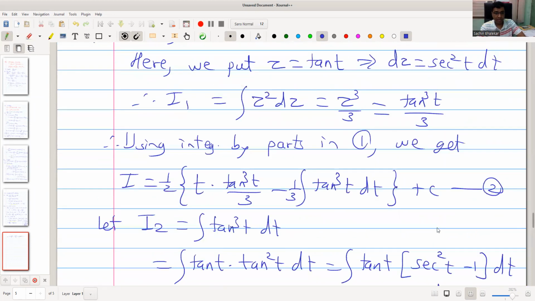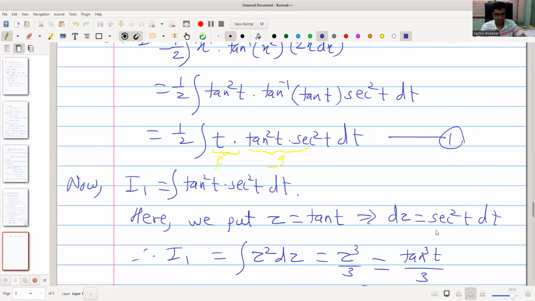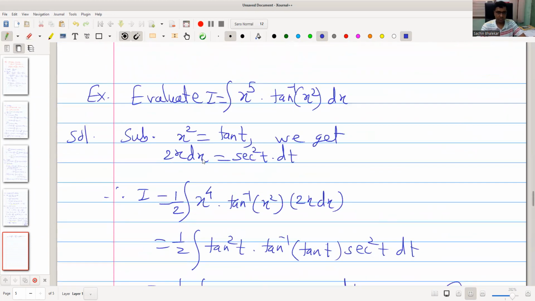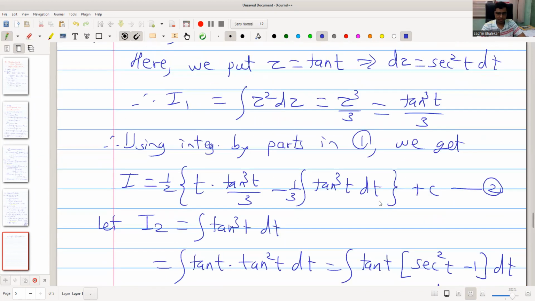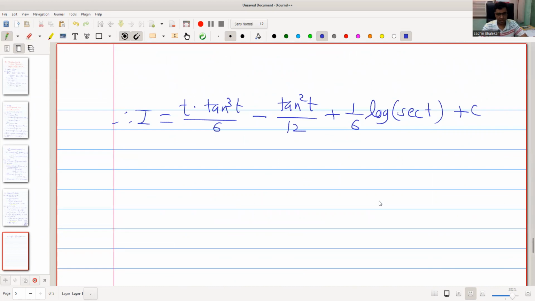Now, what is our t? t is tan inverse x square. So we substitute everywhere tan inverse x square.